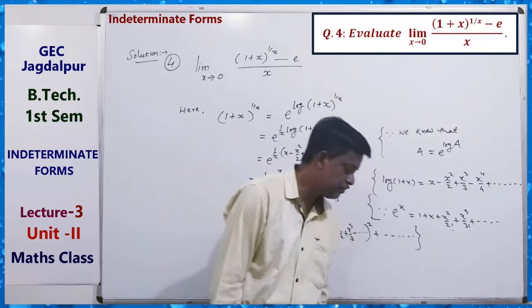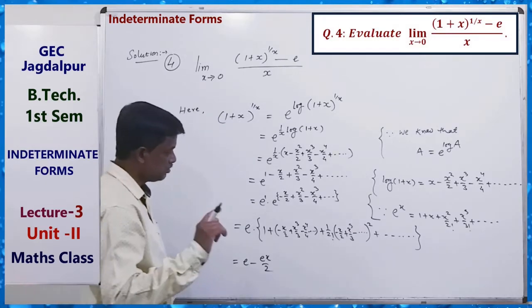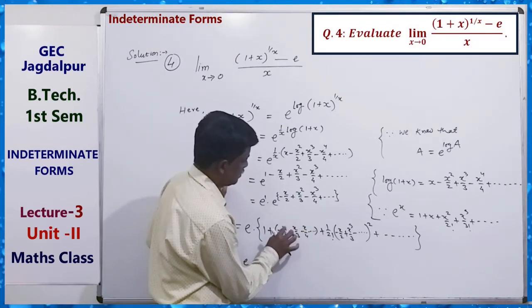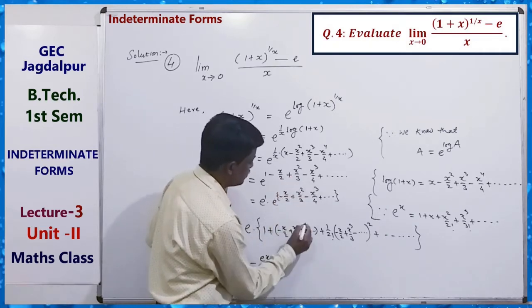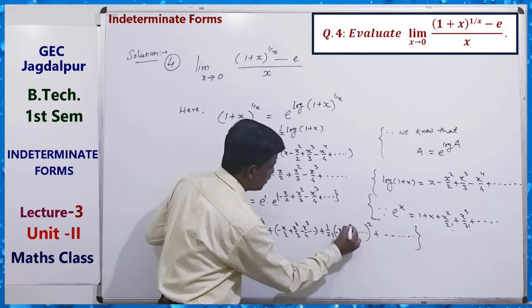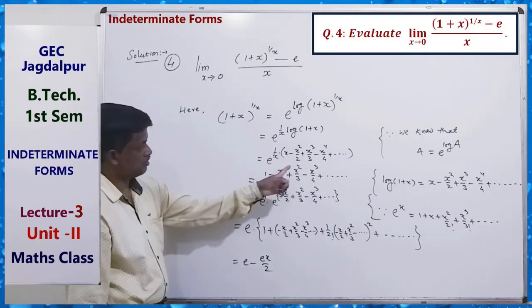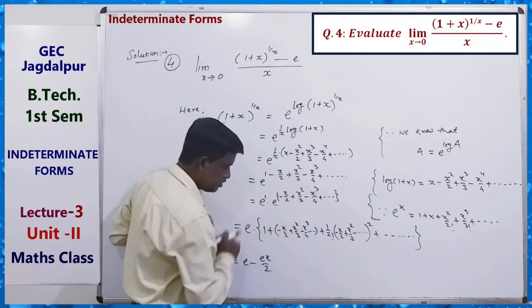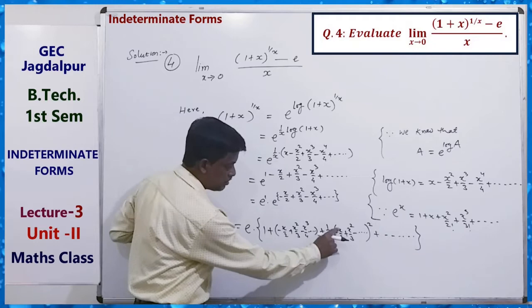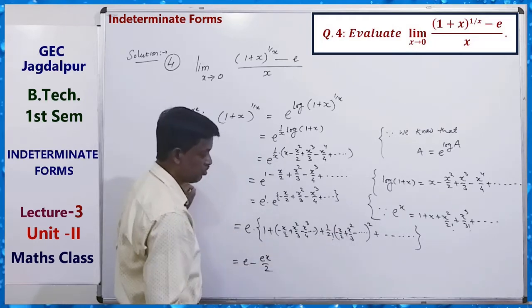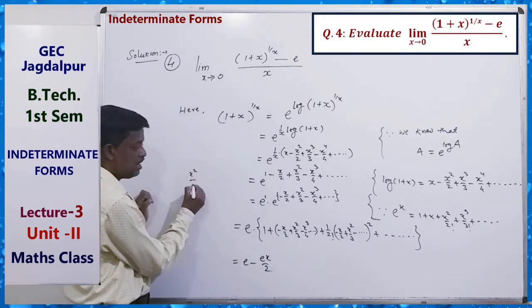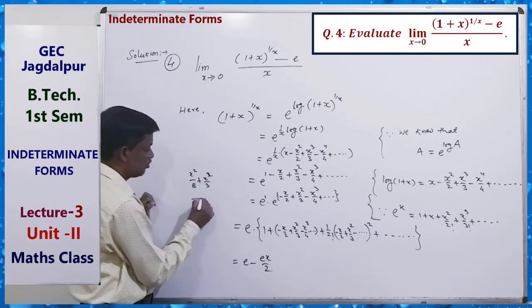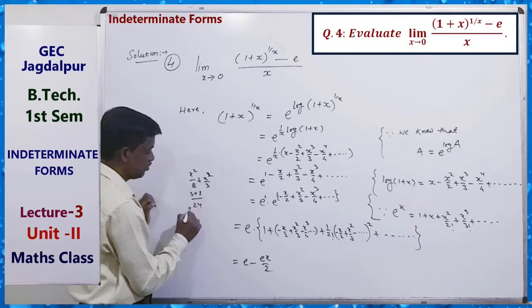So we can write e x square, here x square by 3 plus x square by 8, which is 3 plus 8, 11 by 24 x square.